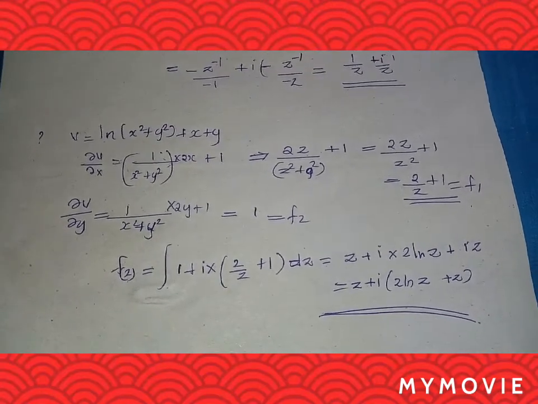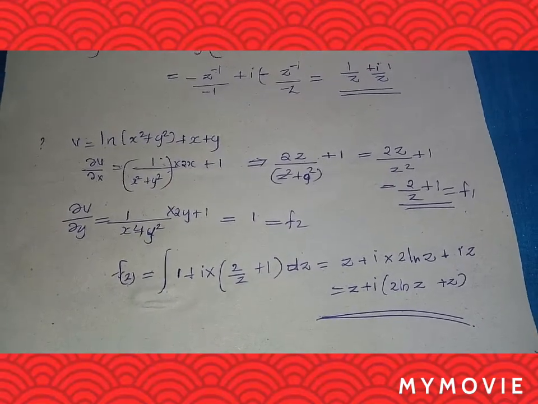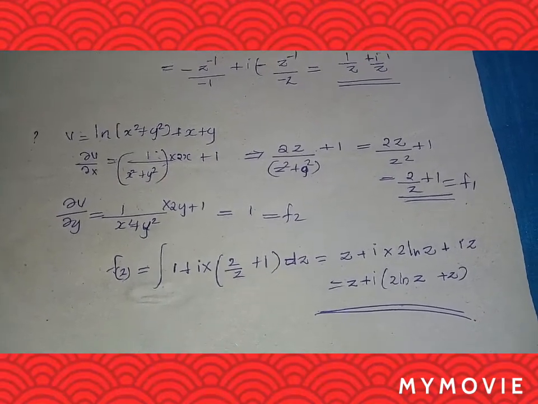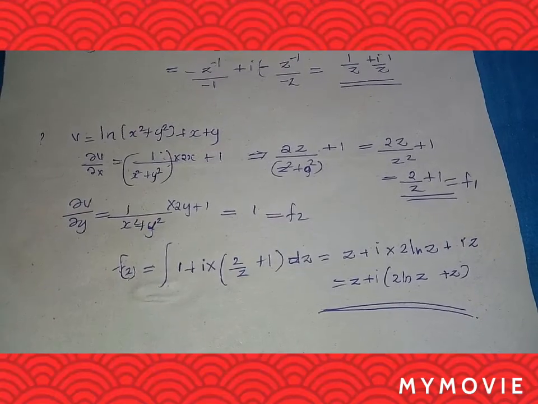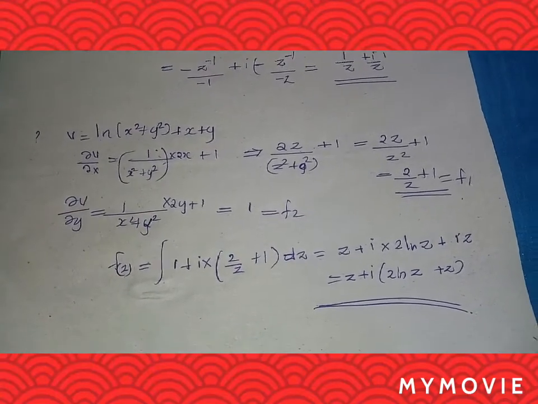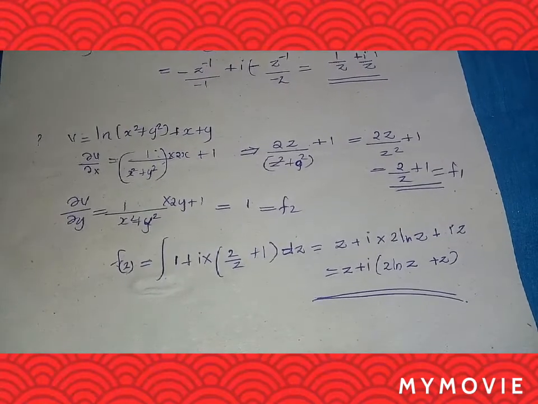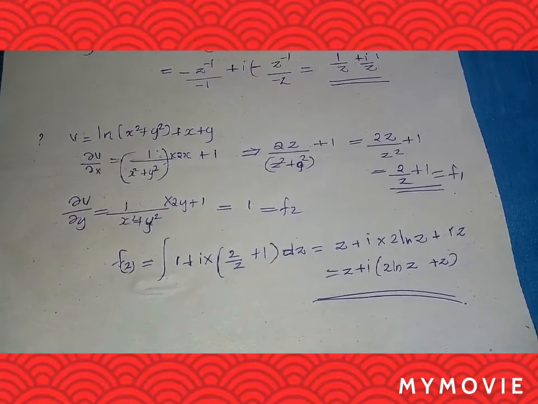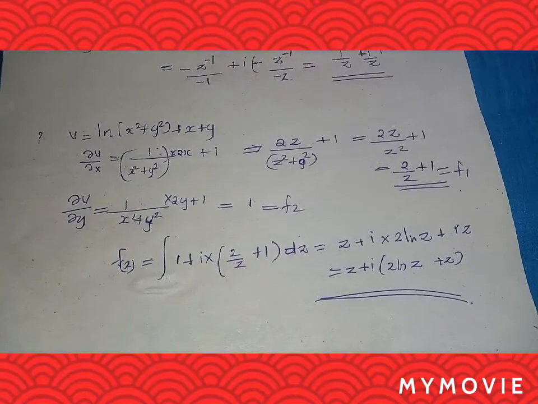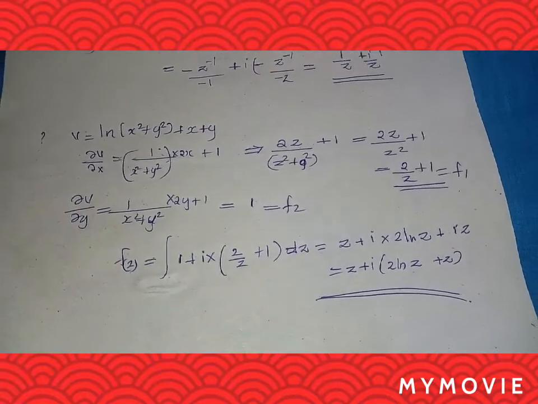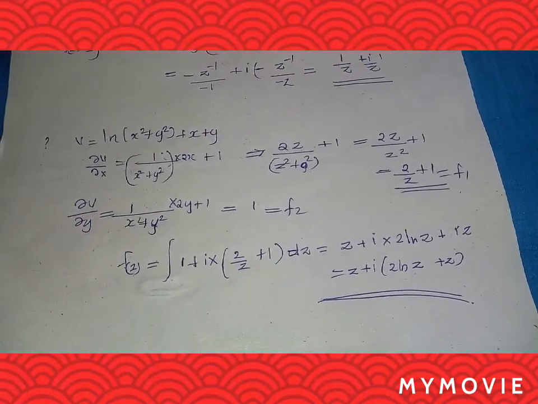Put y equal to 0, x equal to z, we get the answer as 1. And f(z) is the integral of f2 plus i f1. From that we get the answer as z plus i into (2 log z plus z), since the integral of 1 by z is log z.